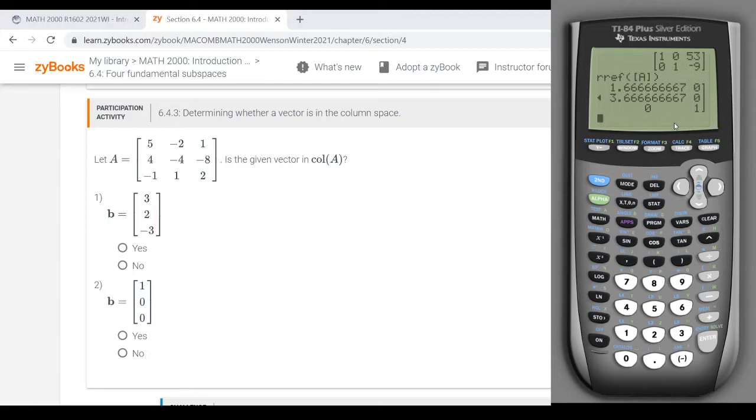That can't happen. So that tells me that this vector 3, 2, -3 is not in the column space of A, meaning that 3, 2, -3 cannot be written as a linear combination of these 3 vectors: 5, 4, -1, -2, -4, 1, and 1, -8, 2. Very easy.